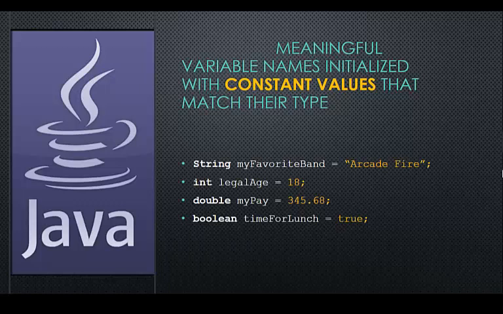But you could distinguish doubles from ints because they do have decimal points. Boolean is just an indicator of true or false. We're examining the truthiness of something. Is it time for lunch? Yes. Assign it a value of true.